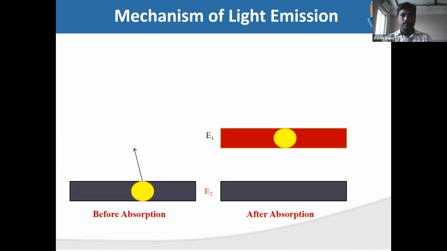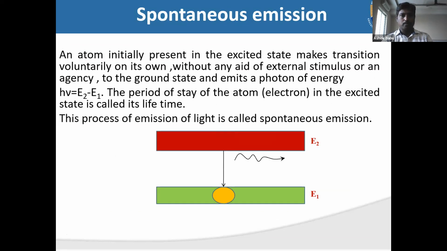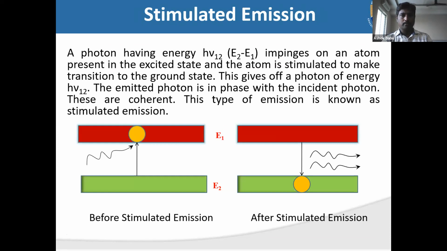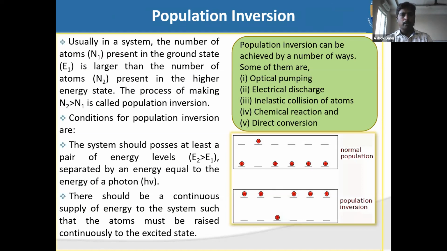Again, I am coming from the first slide. This is stimulated absorption, this is spontaneous emission, and this is stimulated emission. These topics were already discussed in the morning session. Coming to population and population inversion, population inversion can be achieved in a number of ways. Some of them are optical pumping, which we use in the ruby laser, and electrical discharge, which is used in the helium neon laser.